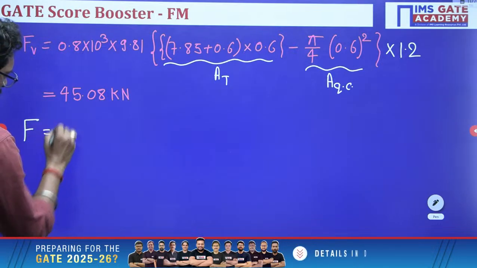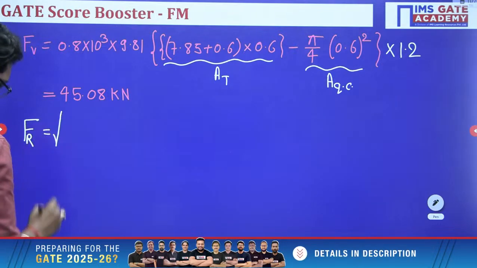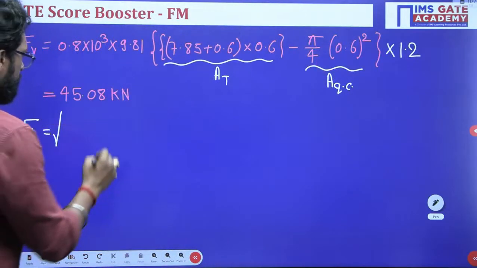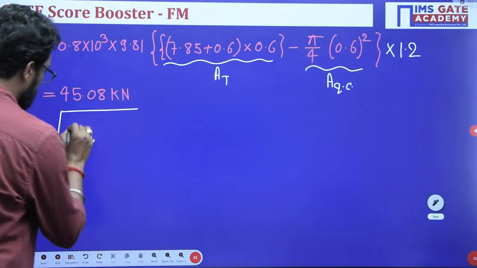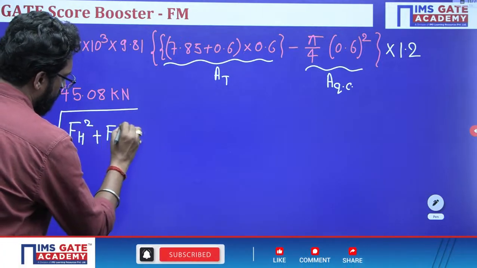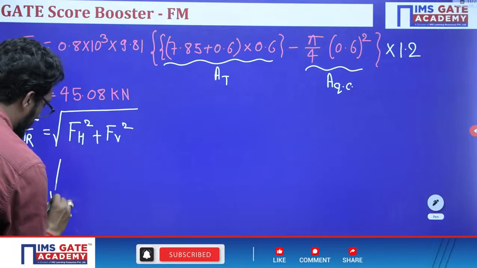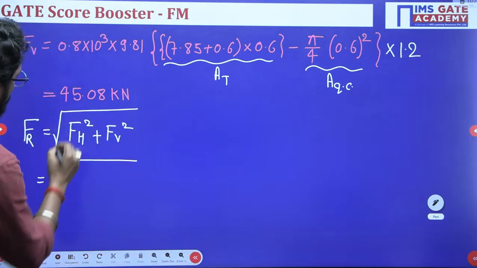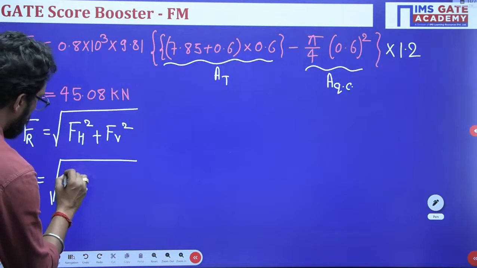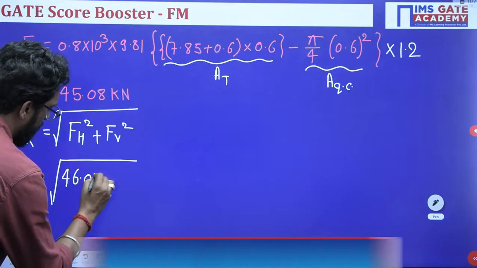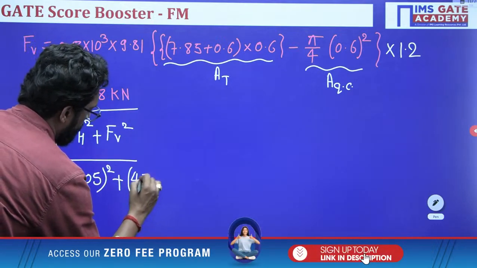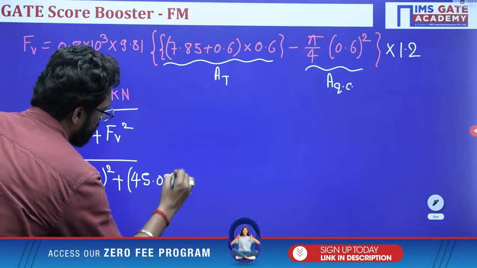This resultant force R, because both are perpendicular, is the square root of Fh square plus Fv square. Fh is 46.05, so 46.05 whole square plus 45.08 whole square.